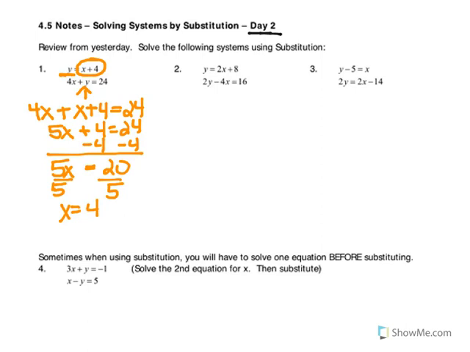And now that I know x equals 4, let's go back to our original equation right here. And we'll plug in the 4 for this x and solve for y. So we have y equals 4 plus 4. So y equals 8. So our solution to this system is 4, 8.